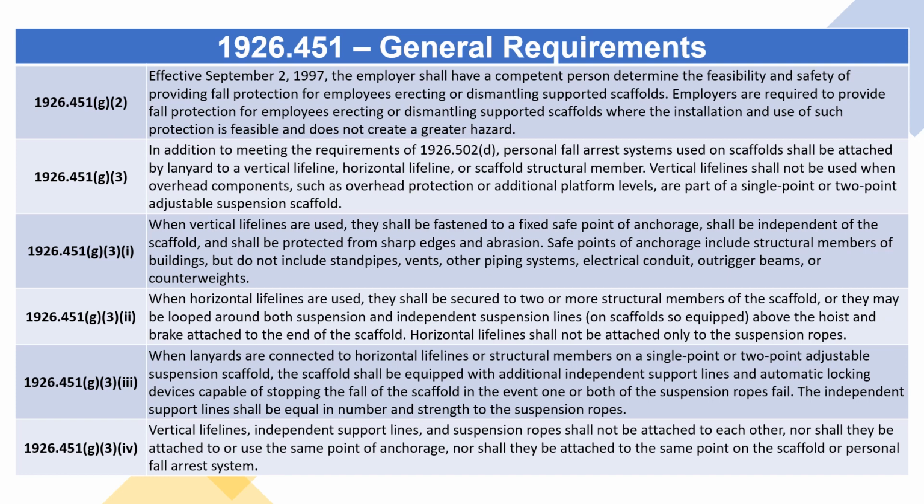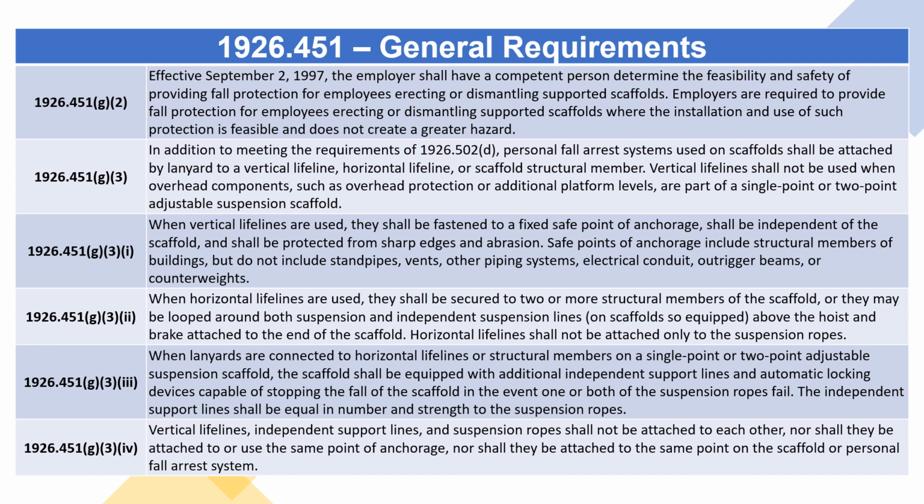When horizontal lifelines are used, they shall be secured to two or more structural members of the scaffold, or they may be looped around both suspension and independent suspension lines, on scaffolds so equipped, above the hoist and brake attached to the end of the scaffold. Horizontal lifelines shall not be attached only to the suspension ropes.